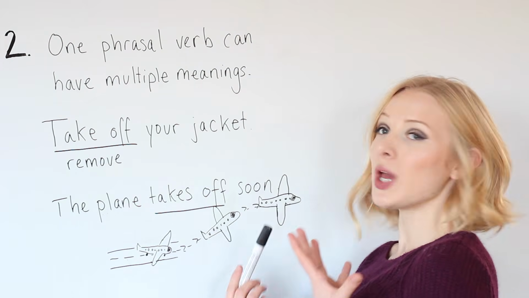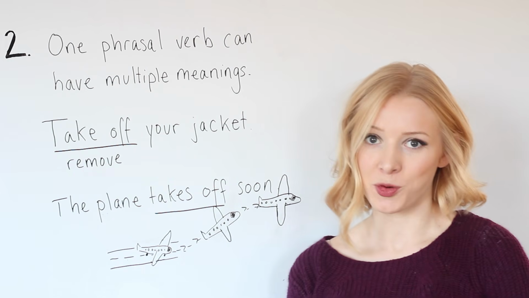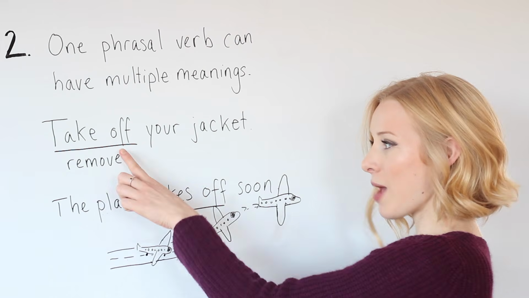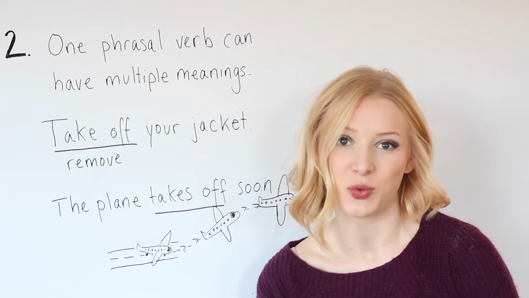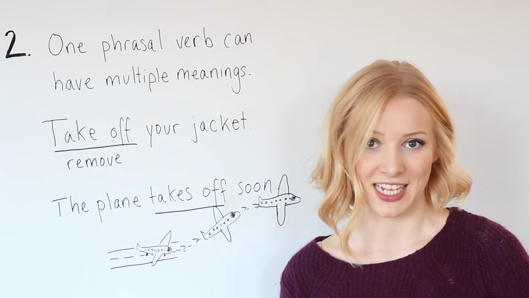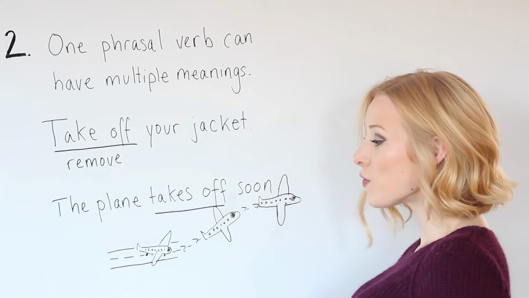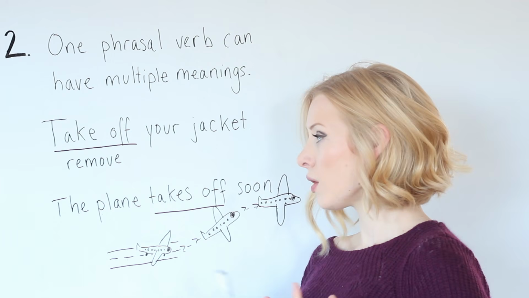So now on to hint 2. One phrasal verb can have multiple meanings. We've got the same phrasal verb, take off, here in 2 different situations. Take off your jacket means remove your jacket. The plane takes off soon means the plane leaves soon.